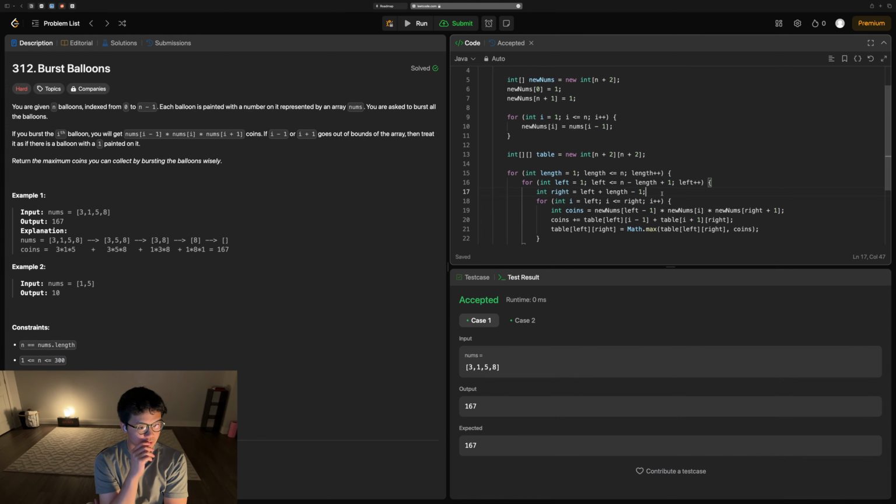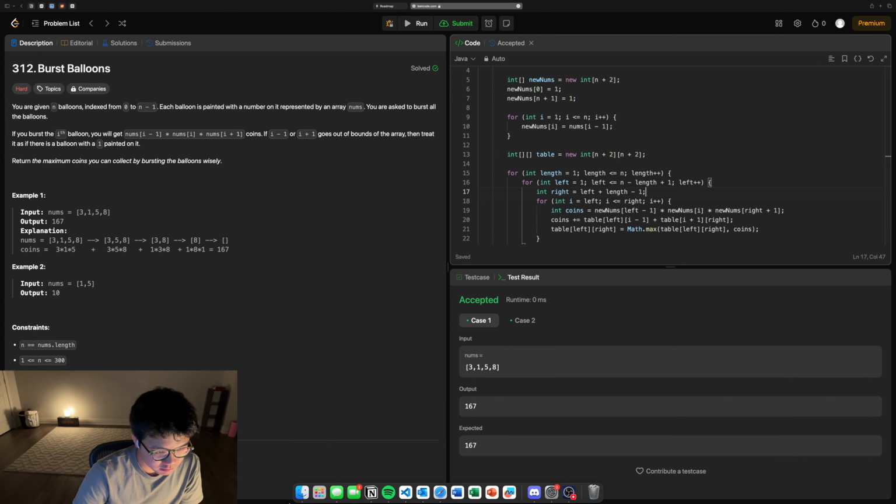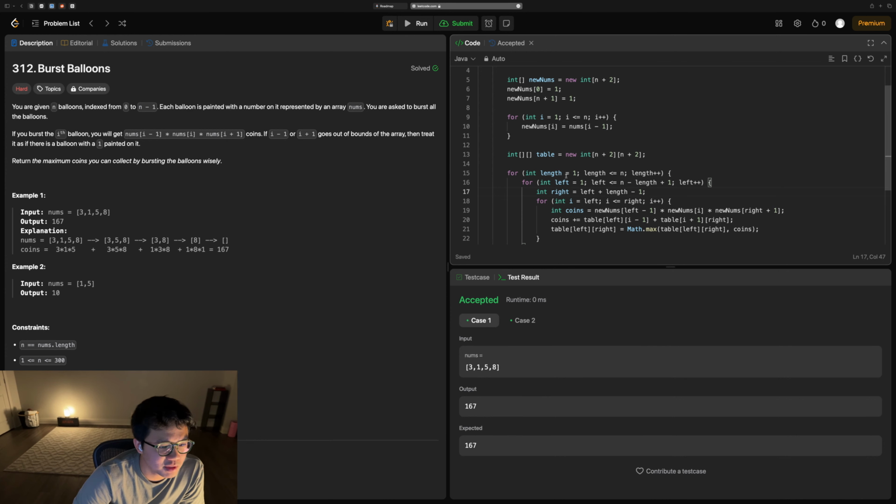I really don't want to figure this out. This one's really complicated because there's so many less than or equal to, minus the length plus 1, minus 1, less than or equal.